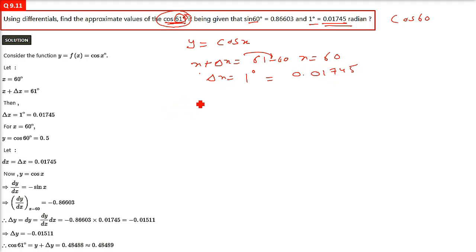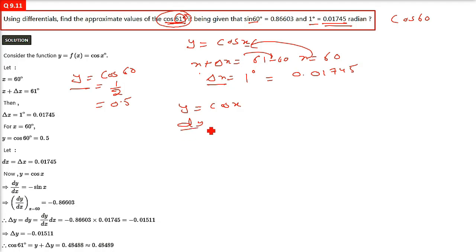Alright. Now for this 60 degrees you have to find the value of y first, because we need to know the value of y corresponding to the x which we have chosen. So this is cos 60, which is half, that is 0.5 in this case. Delta x is known now. y is also known. So y is cos x. Let us differentiate it. dy by dx of cos x is minus sin x.